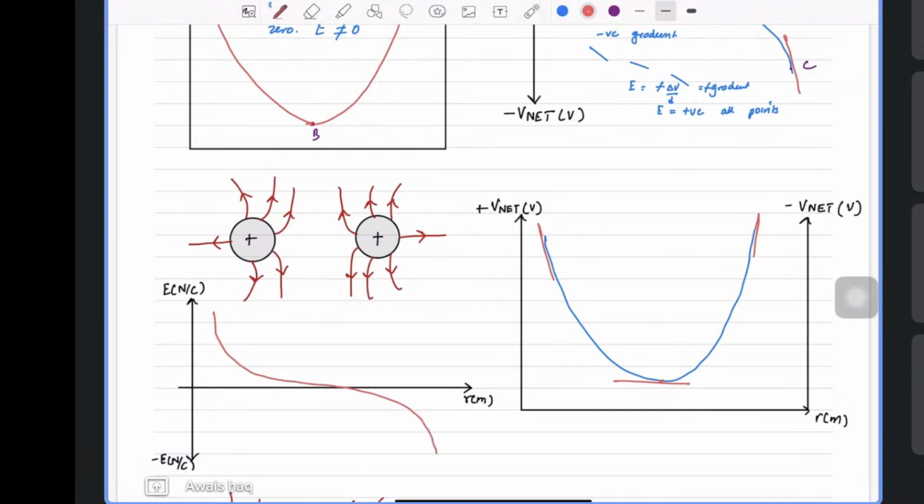If this is A, this is B, this is C, then A has the highest gradient, and then B, and then this would be a negative gradient, so like positive, so we drew negative. And at B, because electric field strength is 0, and this is the null point, that is the reason it is showing like this. Alright, is it clear, everyone?